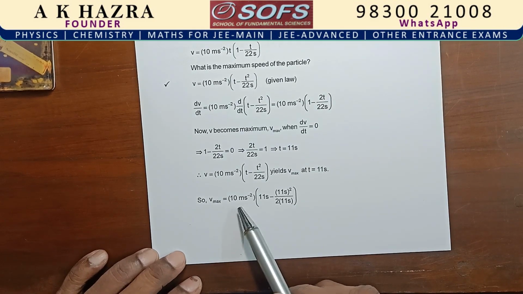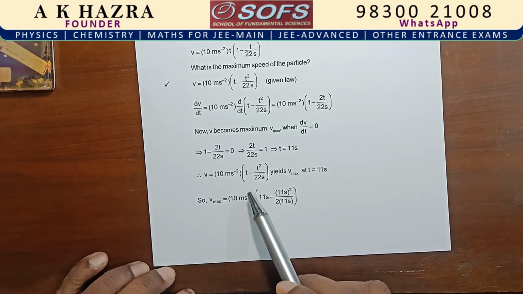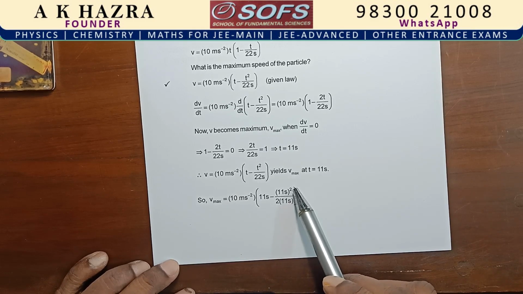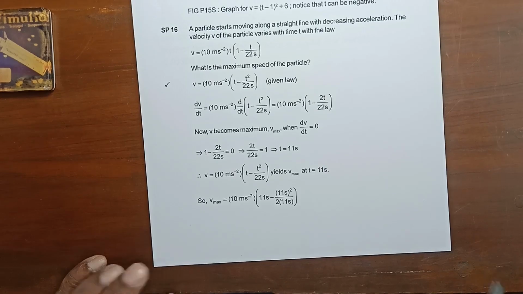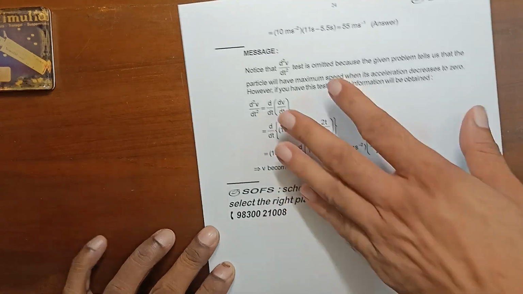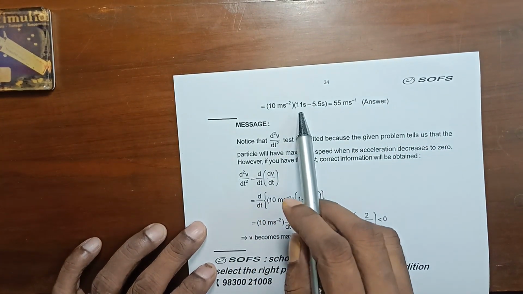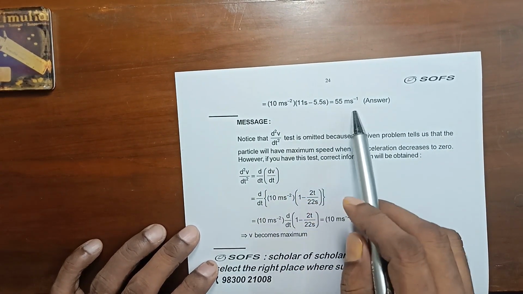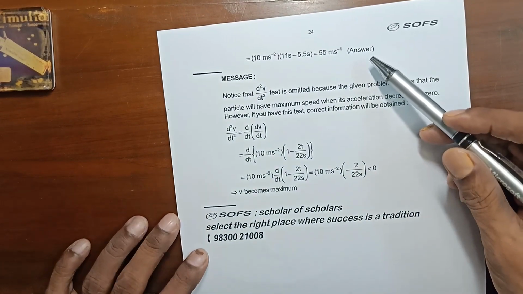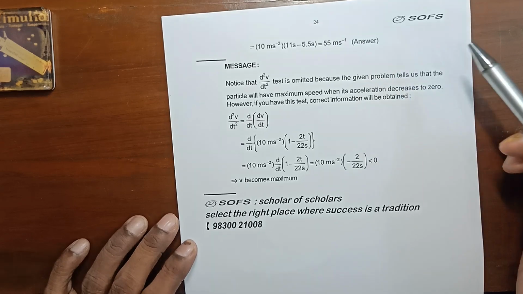So v max equals 10 m/s² times (11 s - (11 s)²/(2 × 11 s)), which equals 10 × (11 - 5.5) = 55 m/s. So this is the required velocity of the particle.